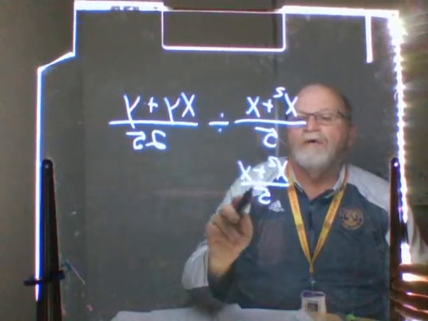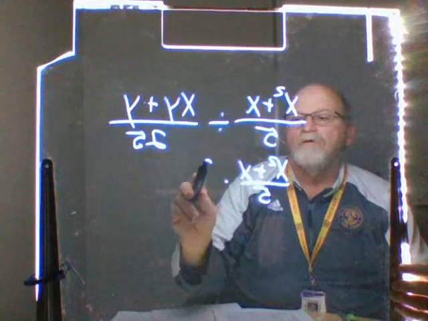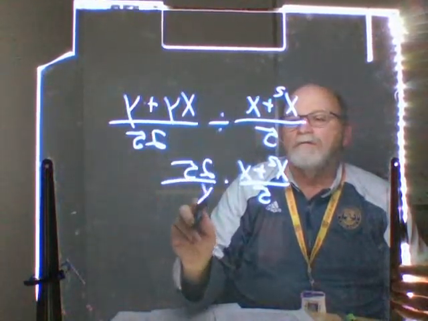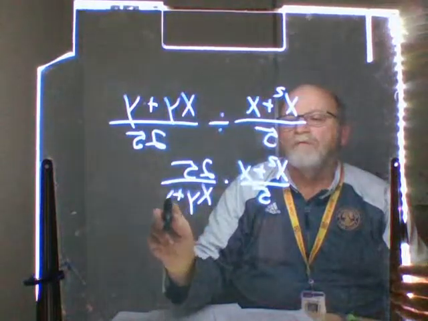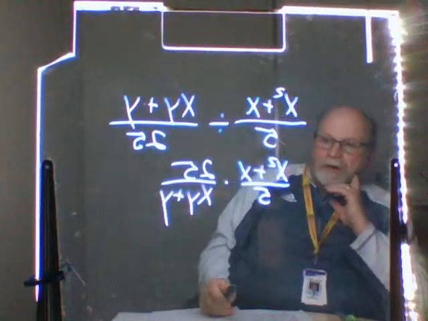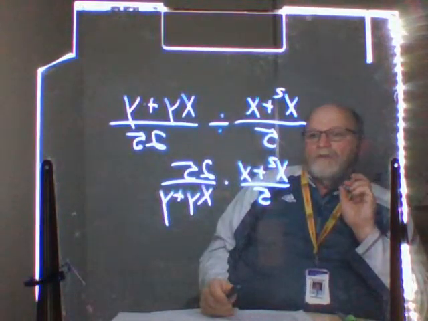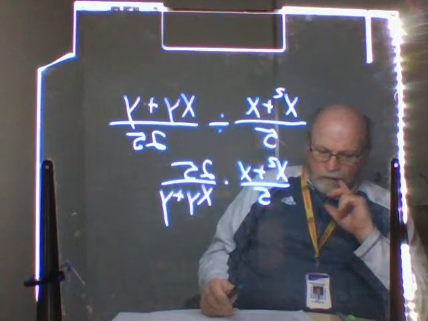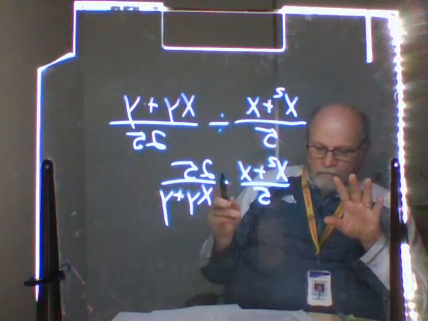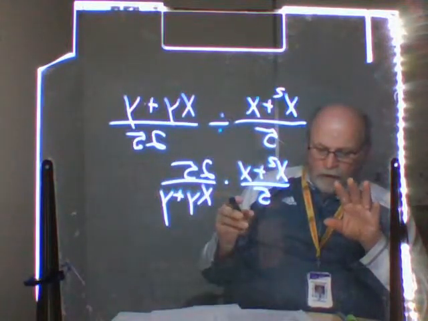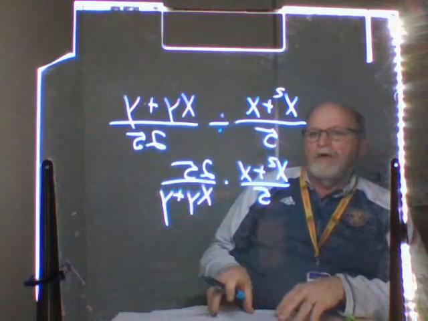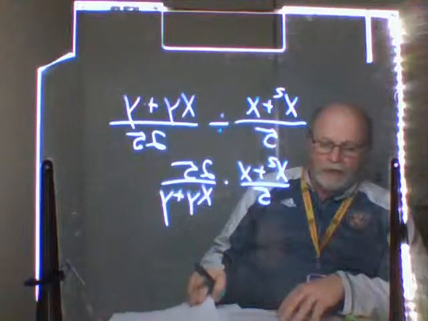Divide by 5 and times 25 over xy plus y. Okay, so now, as I look at this, I think, okay, what can I do here? So I've inverted my 25, put it over xy plus y, and now I multiply, just like we were saying.